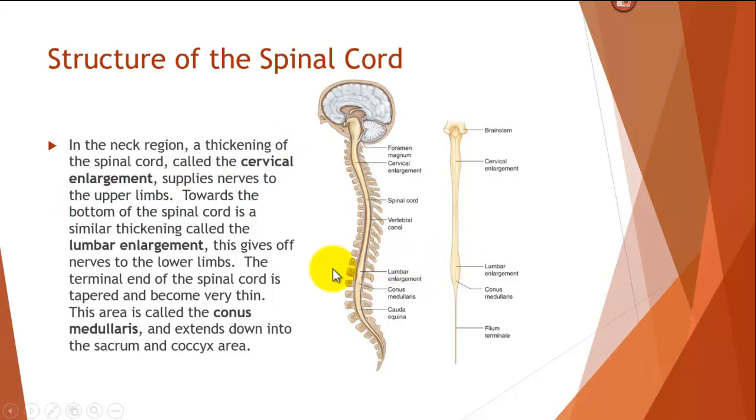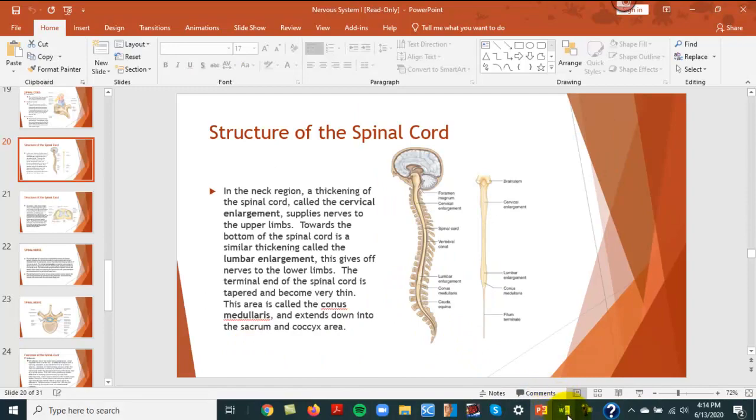This is the lumbar enlargement, which supplies nerves to the lower limbs, legs, hip area. Where the spinal cord really narrows, which is about L3 or 4, lumbar at the bottom, is an area called the conus medullaris. And that's where it gets narrow and extends down to the sacrum and the coccyx area.